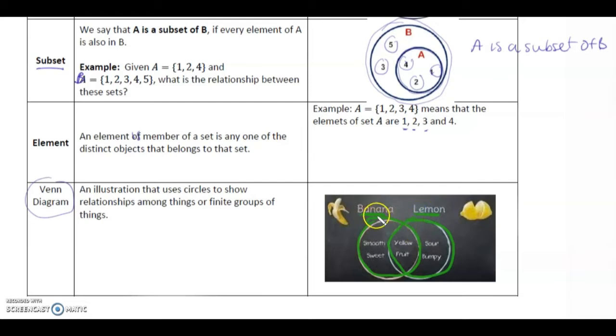Bananas are smooth and sweet, but they're also yellow and fruit, and lemons are also yellow and fruit. Because those two share these qualities, yellow and fruit, we put those in the overlap. Then lemon is sour and bumpy. So that's how we draw a Venn diagram and how we read it.